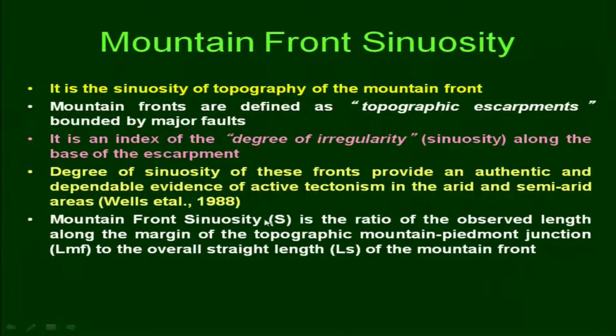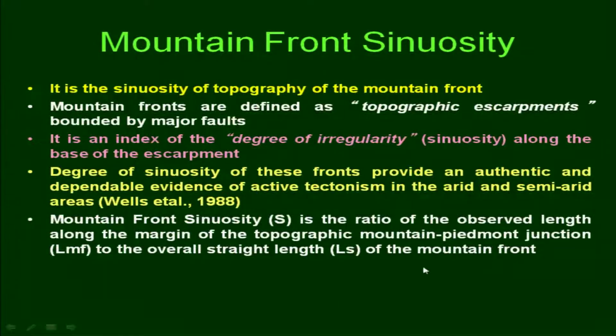So, mountain front sinuosity S is the ratio of the observed length along the margin of the topographic mountain or Piedmont junction, LMF, to the overall straight length LS of the mountain front.